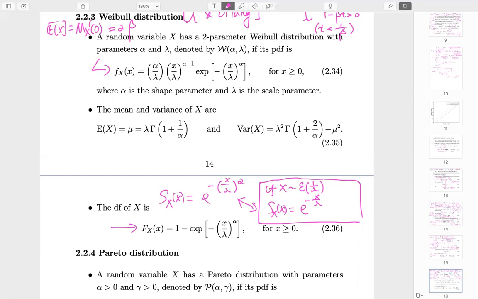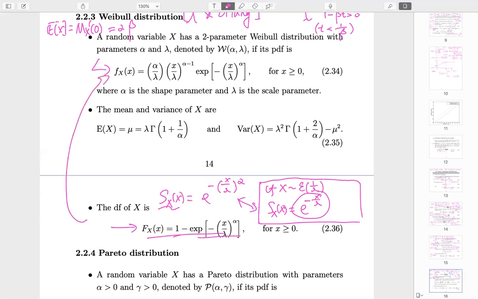The difference is that for the exponential term, x divided by lambda, you raise the power to alpha, and that is the survival function of your Weibull. Once you know the survival, 1 minus survival is obviously the CDF. Once you know the CDF, you differentiate and get the PDF.